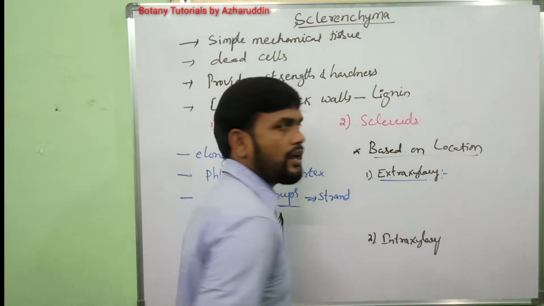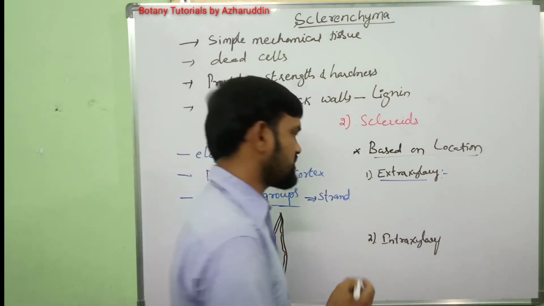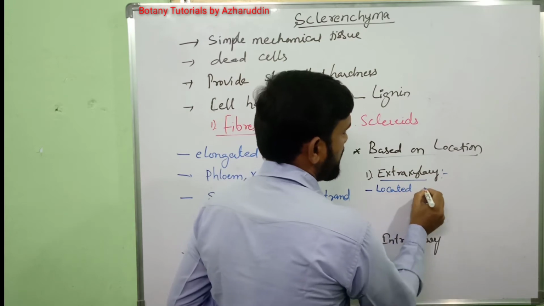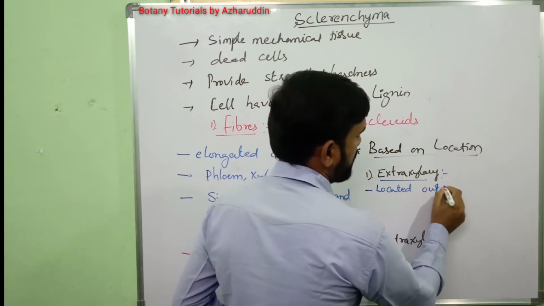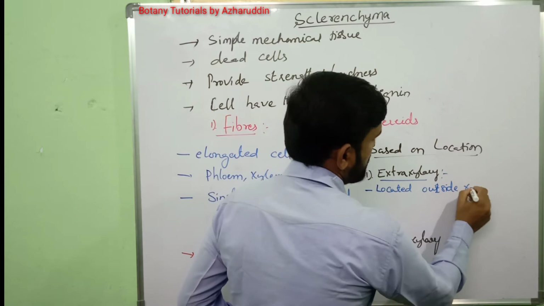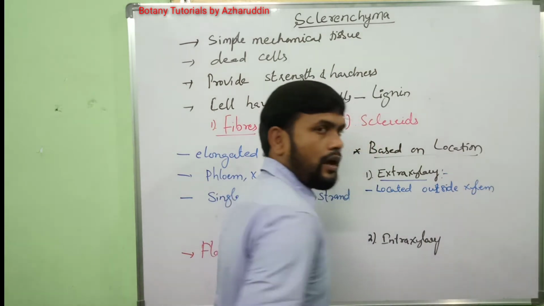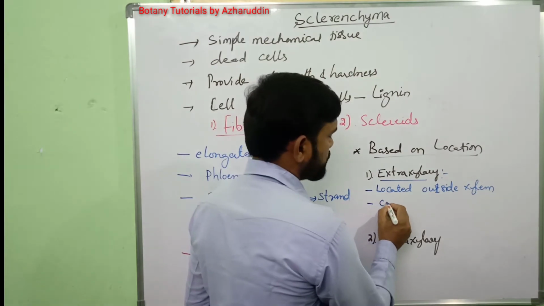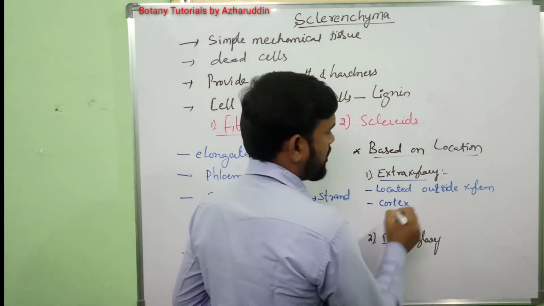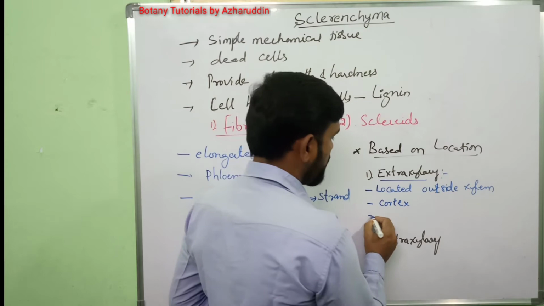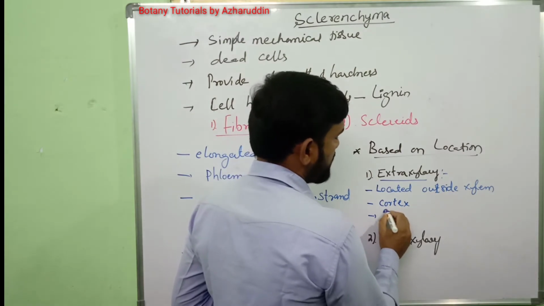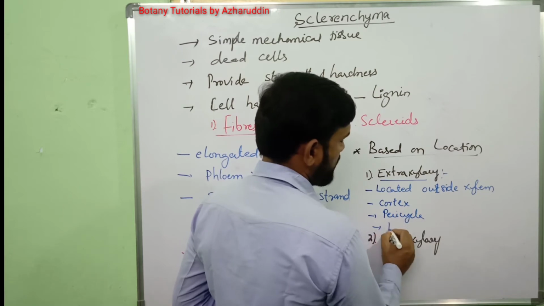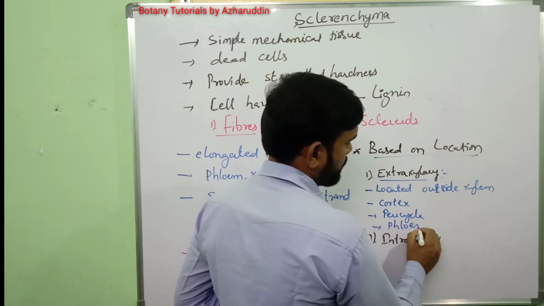Extraxylary fibers are located outside the xylem. Okay. Outside xylem means they are present in cortex. And they are also found in pericycle and phloem.